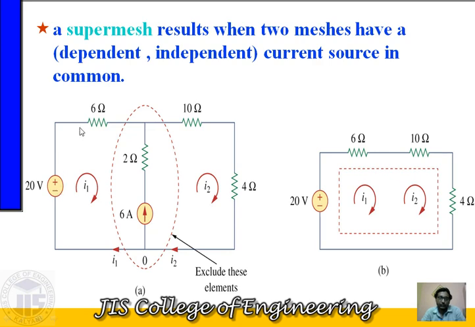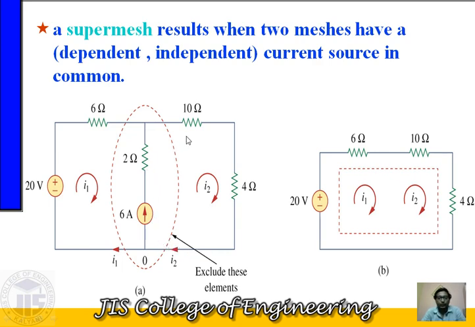So in this case we can't consider it a mesh. Similarly, this other closed path also cannot be considered a mesh, because it also contains a current source.